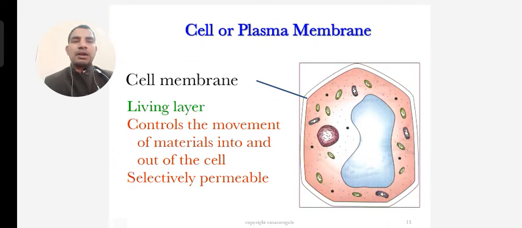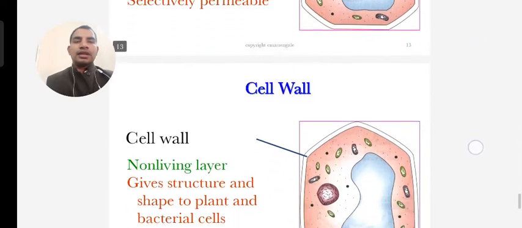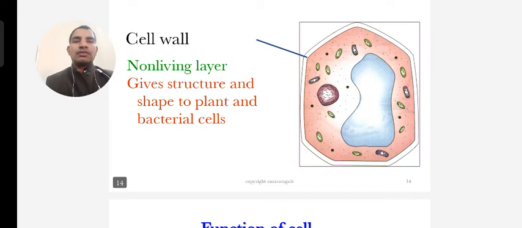Next is the cell or plasma membrane. The cell membrane is the outer, living layer, and it controls the movement of materials into and out of the cell. Next is the cell wall. The cell wall is a non-living layer that gives structure and shape to plants and bacteria.